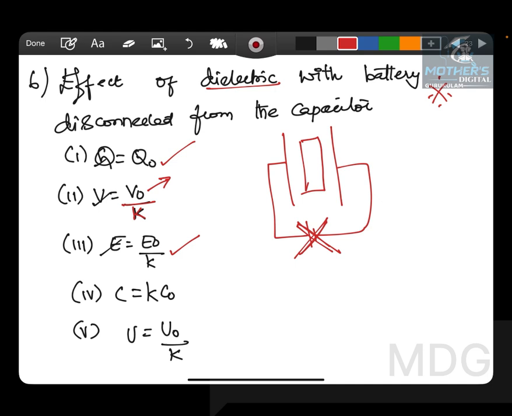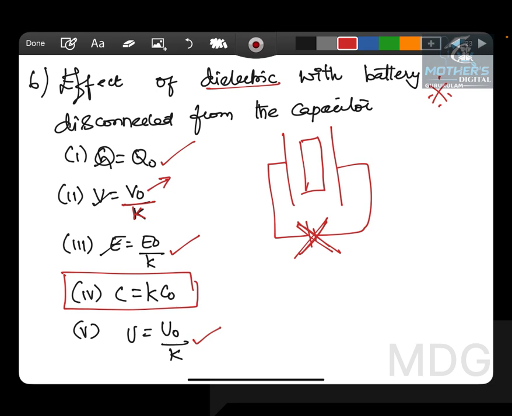Similarly, the electric field and the stored energy will be reduced, but the capacitance will be increased by a factor K. These are the results of disconnecting the battery and inserting the dielectric slab between the capacitor plates.